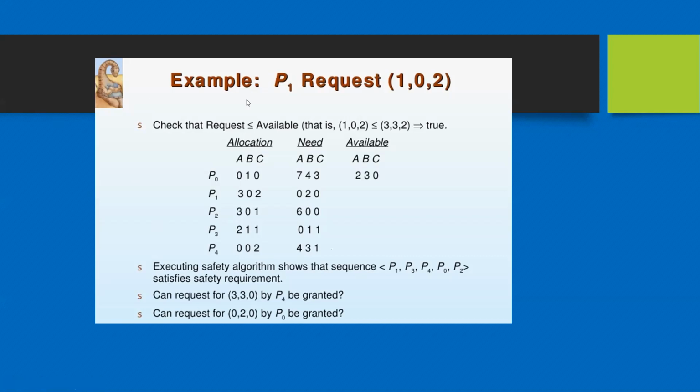Now several types of questions arise. Can a request for 3, 3, 0 by process P4 be granted? Can a request for 0, 2, 0 by P0 be granted?